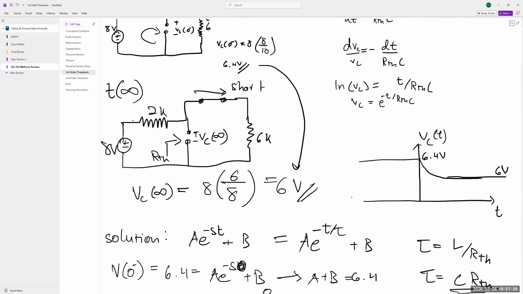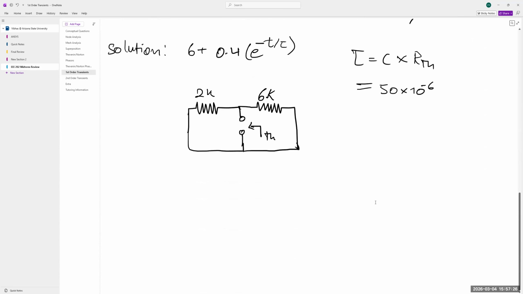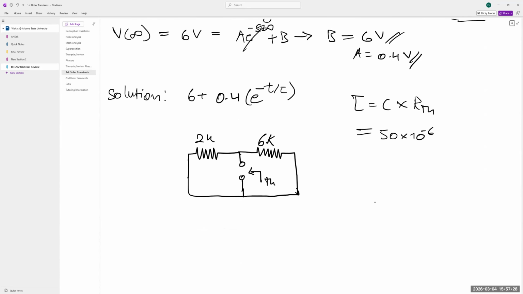If we look back at this, 6K that way and 2K the other way. So RTH is 6K parallel to 2K, which is equal to 1.5 kilo ohms.